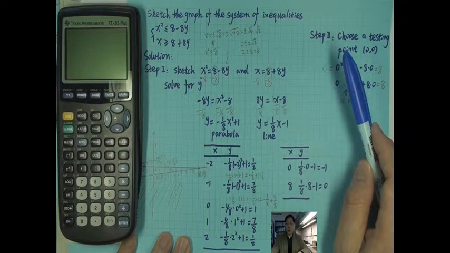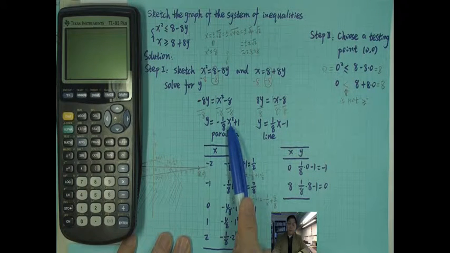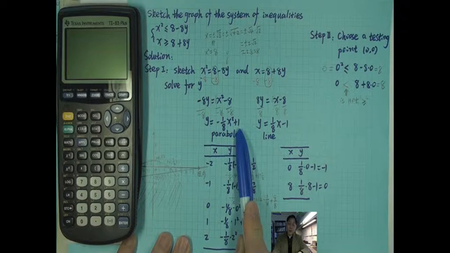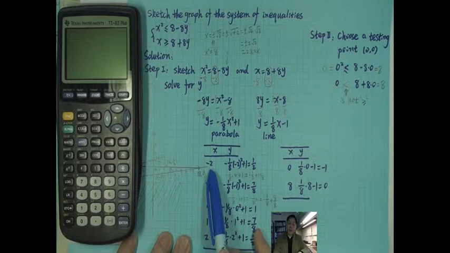Up to here, there are two options for you. One is that this is a parabola, and then you plug in 5 different values for x. So x equals -2.